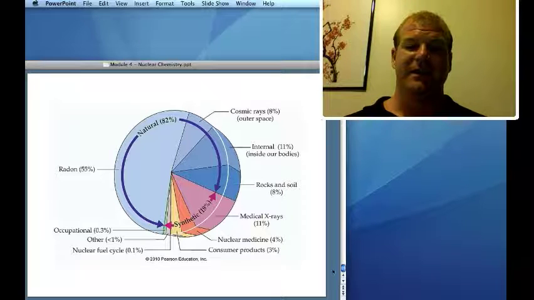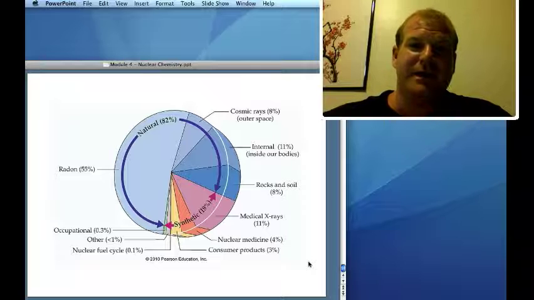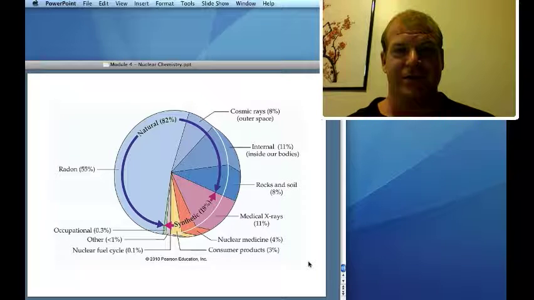But the thing to watch out for is when there is a large release of radiation. So after the nuclear events at Fukushima and Chernobyl, the individuals close to the situations, they were in danger.